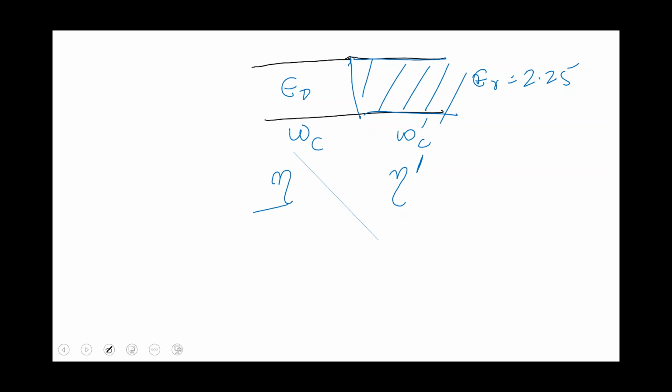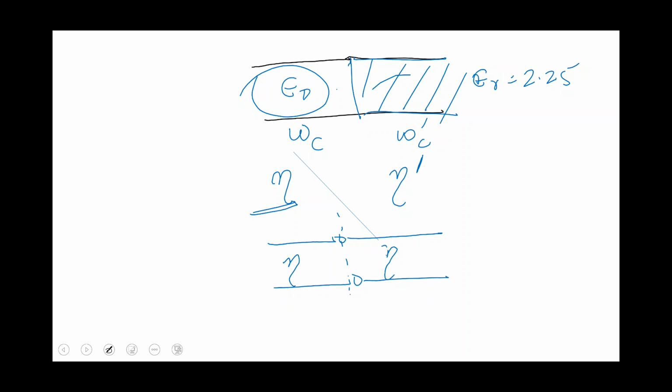So you basically have to calculate eta for this part of the waveguide and eta for that part of the waveguide, and then it effectively becomes the problem you had solved before in transmission lines, that you have eta here and eta prime here. So the reflection is going to be eta prime minus eta by eta prime plus eta, like z naught minus z naught by z naught plus z naught.